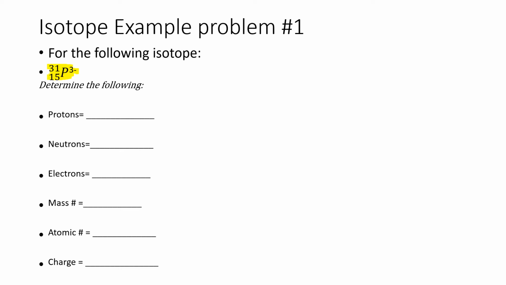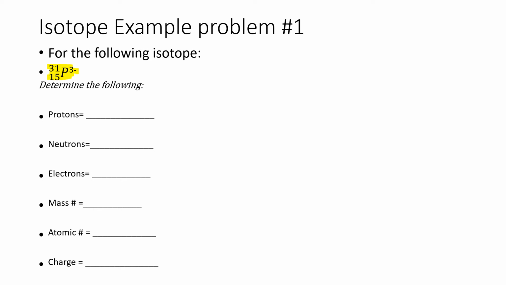So we're going to start with the easiest pieces and then work towards the ones that require a little bit more analysis. So I'm going to skip the protons, neutrons, and electrons right now because that requires a little bit of work in order to get at. Let's start with the mass number. To get the mass number, you just have to recognize where that mass number is located when we write something in isotopic format. Well, when we write something in isotopic format, the mass number goes in that upper left-hand corner.